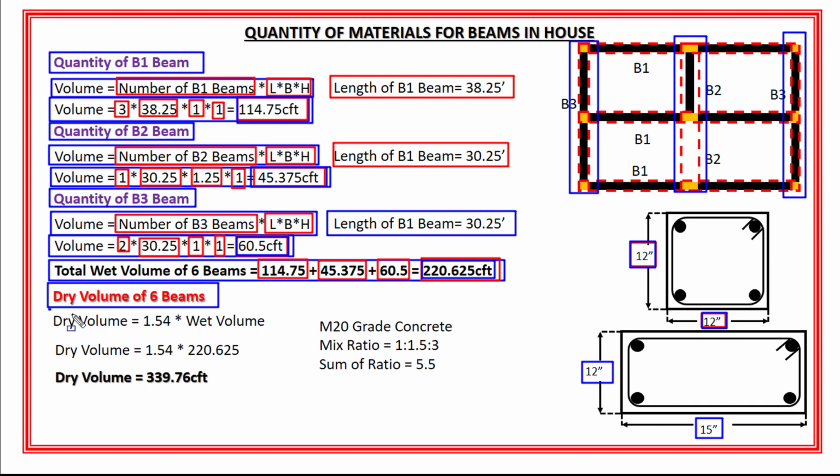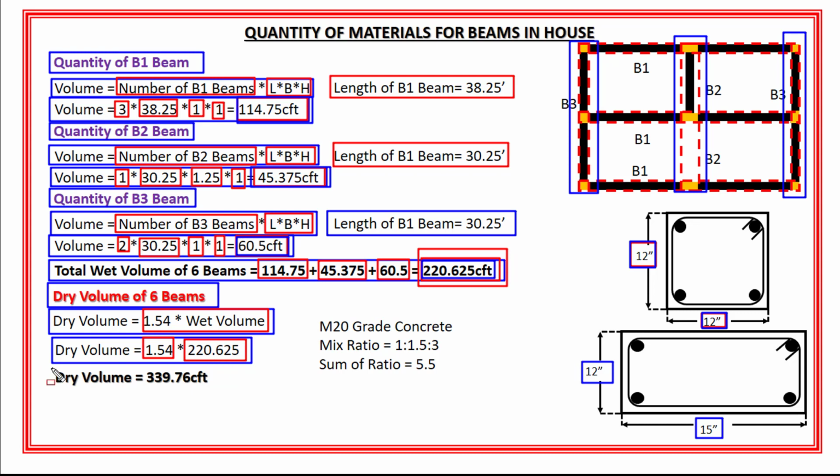So the dry volume of concrete is equal to 1.54 times the wet volume. Here the total wet volume of these 6 beams is 220.625 cubic feet. So the dry volume of concrete is equal to 1.54 multiplied by 220.625 cubic feet.